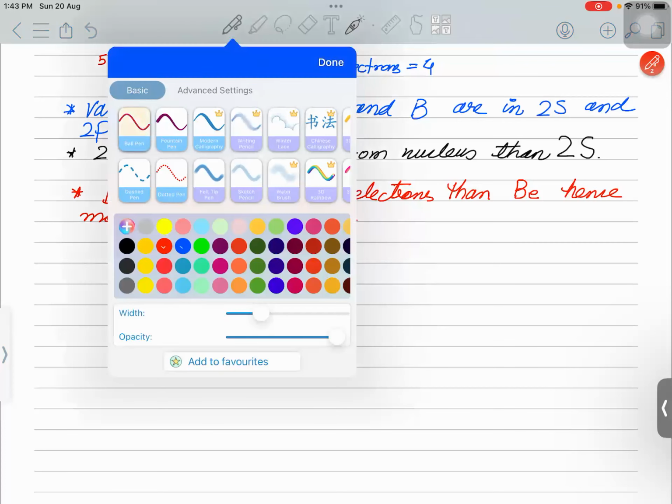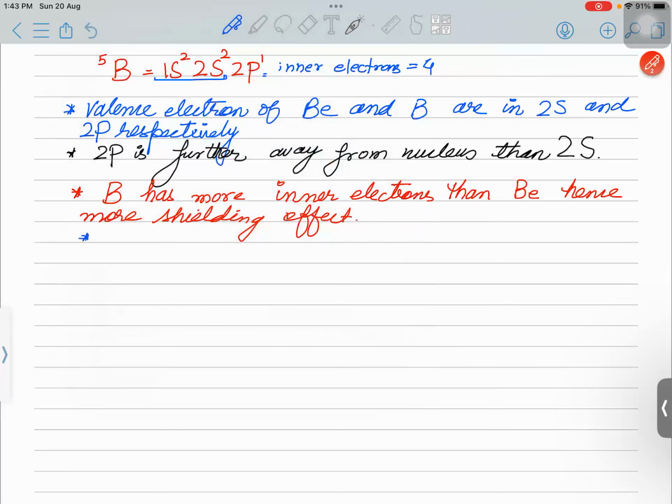That's why the ionization energy of boron is less than the ionization energy of beryllium.